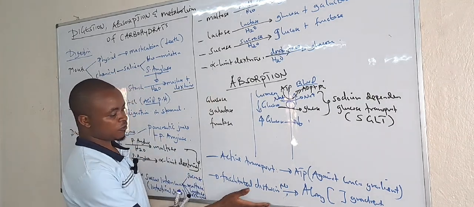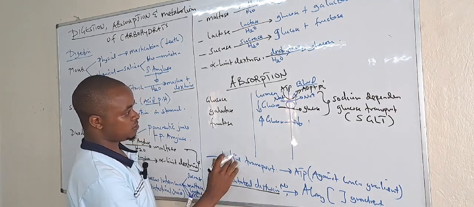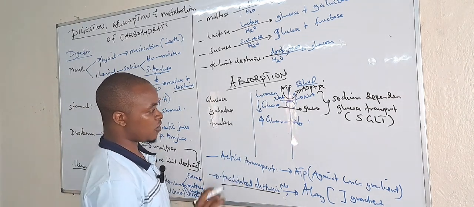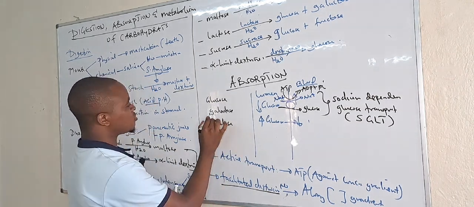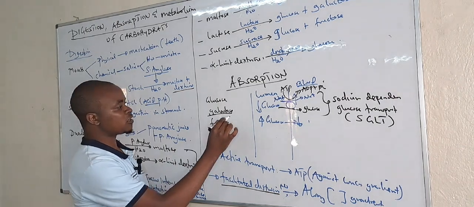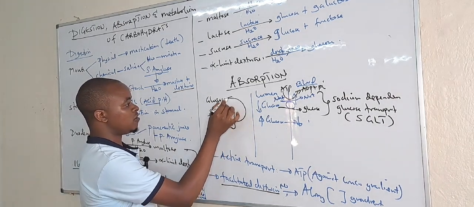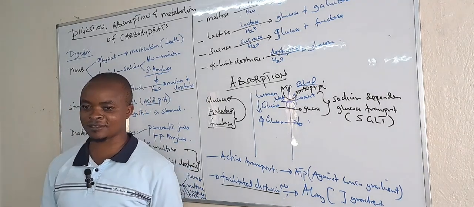Then, of course, along this is facilitated diffusion, whereby glucose moves freely along the concentration gradient. Then you can ask yourself, how are galactose and fructose absorbed? Sometimes galactose and fructose are first converted to glucose. You remember we have an enzyme called epimerase.